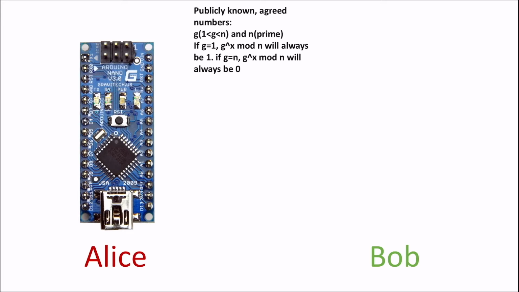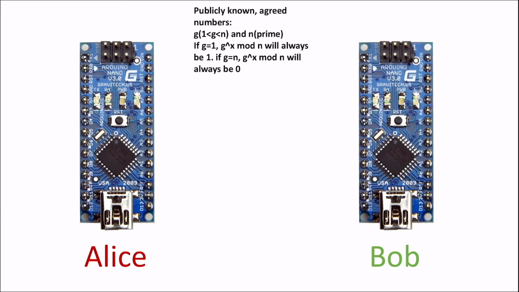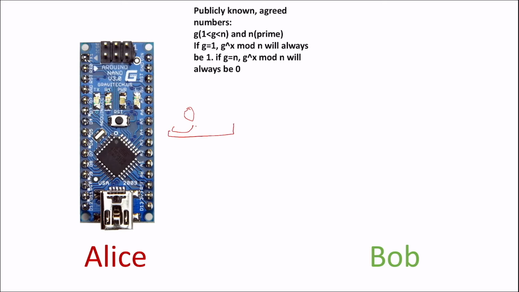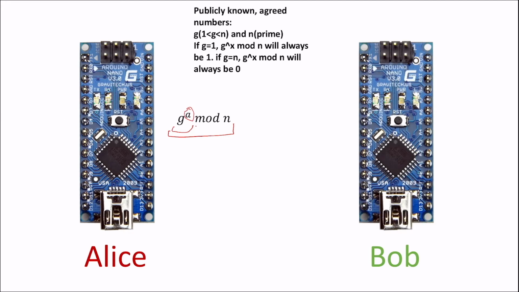So here we have our Alice and here we have our Bob. Alice takes a number A randomly. She raises G to the A and does mod N. Whatever the result is, she sends it to Bob.